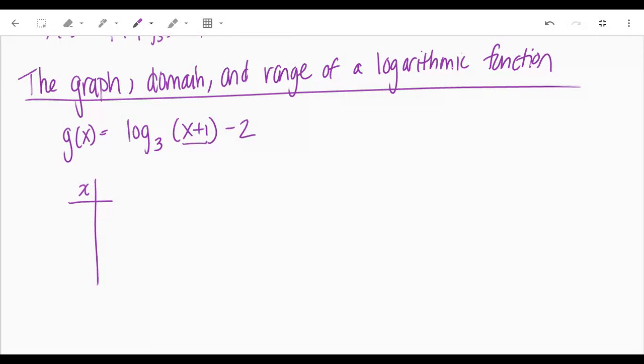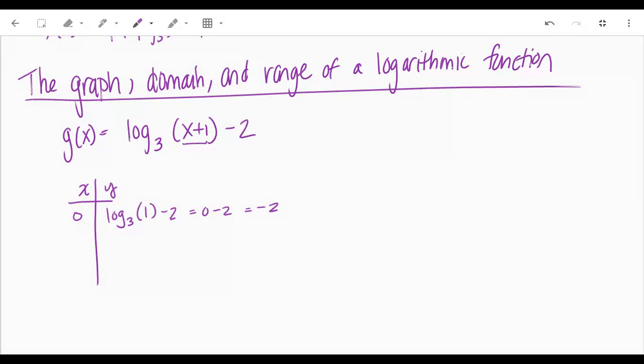If that can be 1, we're in good shape. So if x can be 0, then we would have log base 3 of 1 minus 2. So that'd be 0 minus 2, which is negative 2.